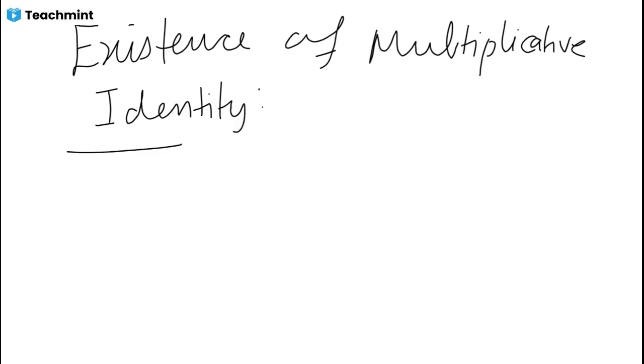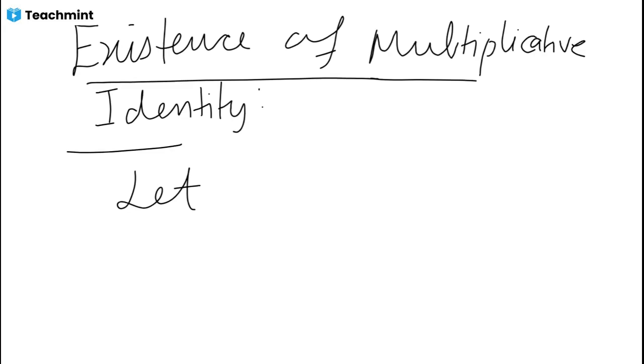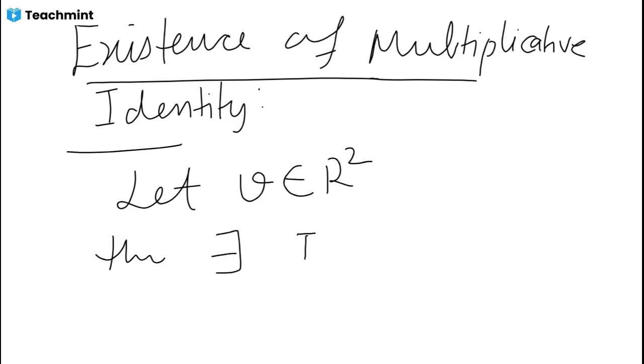means, let v be any element belonging to R2, then there exists an identity like this, or in matrix form you can use this also.